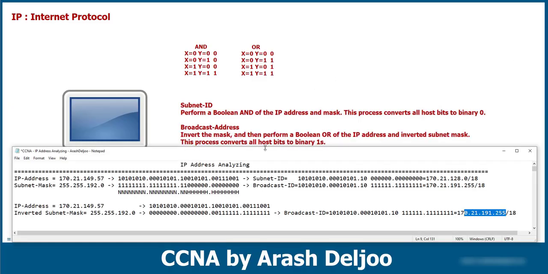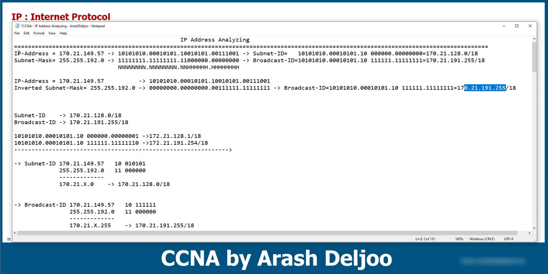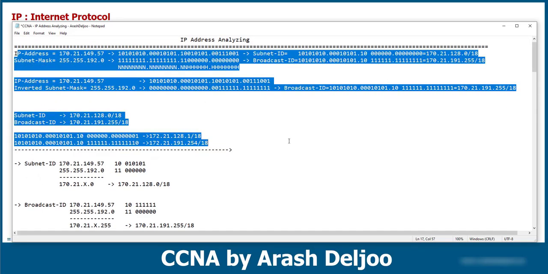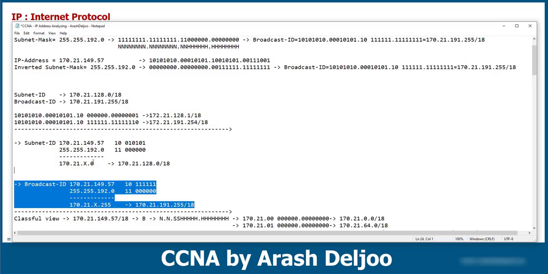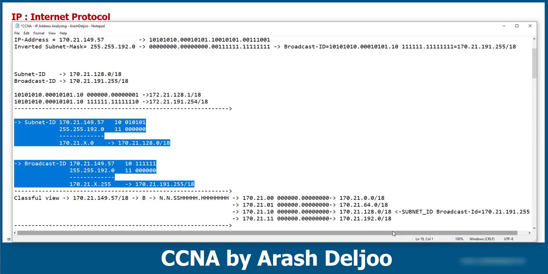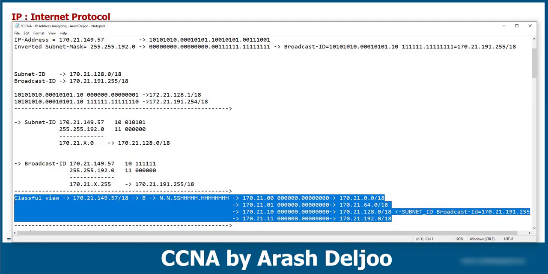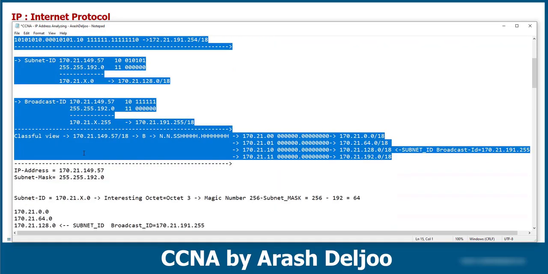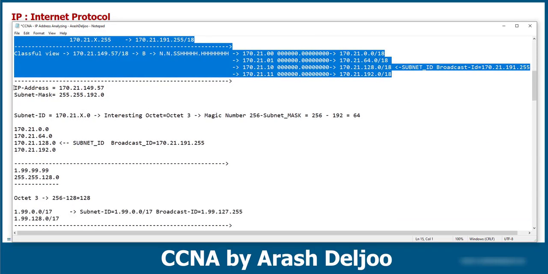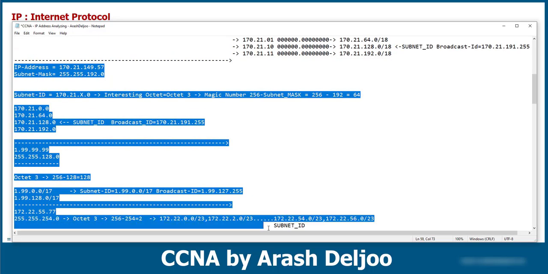Let me review. As you remember, the first method was the binary method. The second method is a shortcut, again in binary, and also the classful view, again a binary method. But we also learned one interesting shortcut in decimal. We learned about the interesting octet.